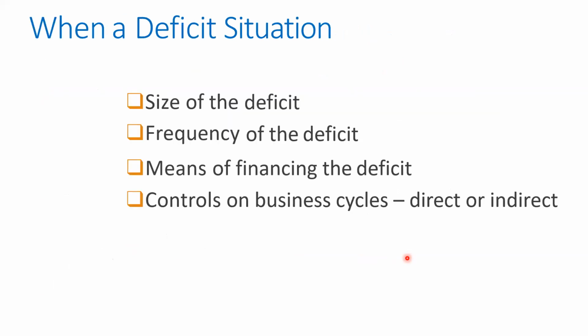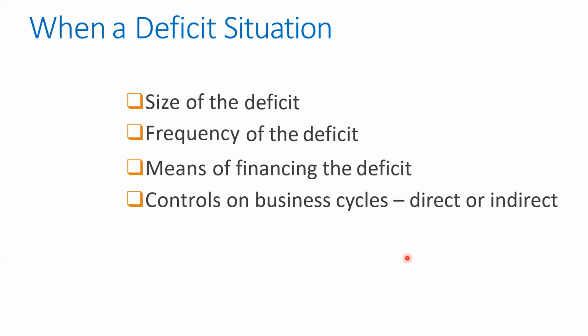Then when a deficit situation is there, you should identify the size of the deficit. I think around 8 to 9 months back, maybe last year April, the government did not know the size of the deficit, the frequency of the deficit, or the means of financing the deficit.